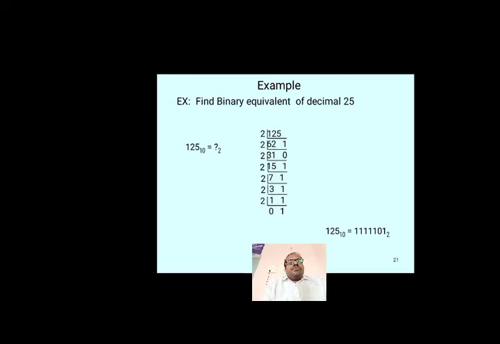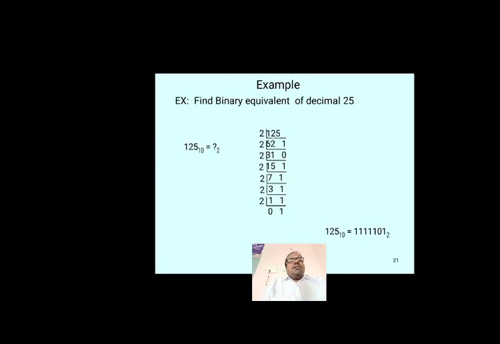Okay. Please make a note of it. Kindly correct the question as decimal 125. One is missed in the question. Please make a note of it and write the problem in your notebook also.